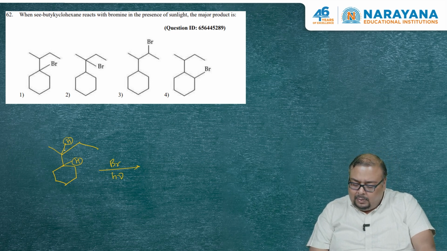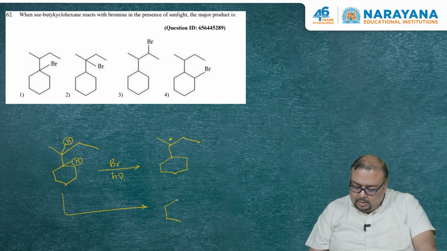Now, if you make a radical here, and if you make a radical here, this one is more stable. Why? Because there are 3 plus 2, 5 plus 1, 6 alpha hydrogens in this case, while in this case there are only 2 alpha and 1 alpha, 3 alpha hydrogens.